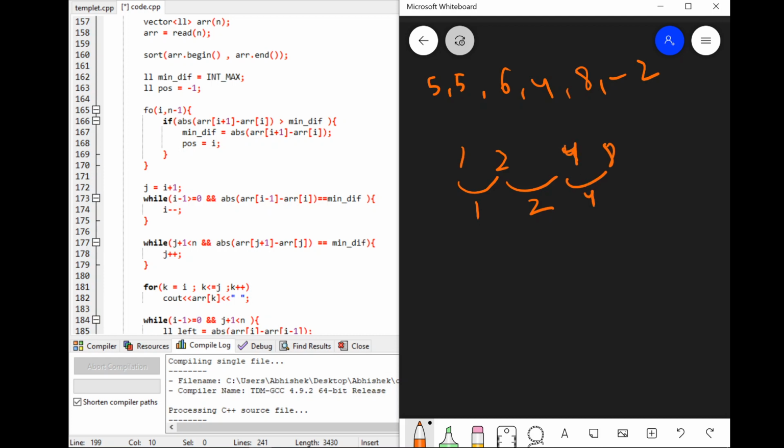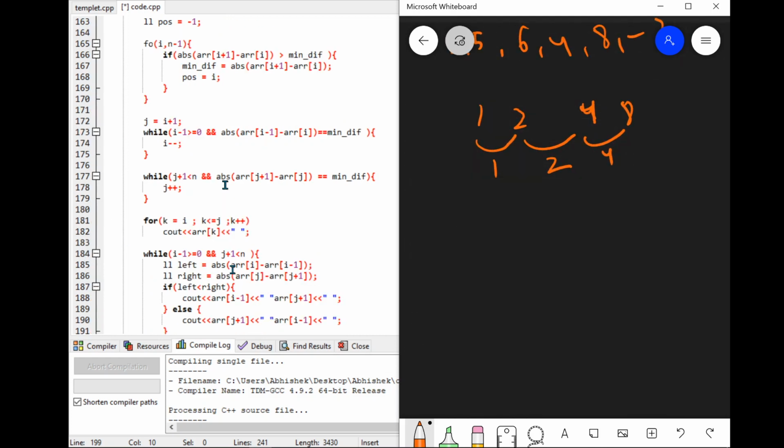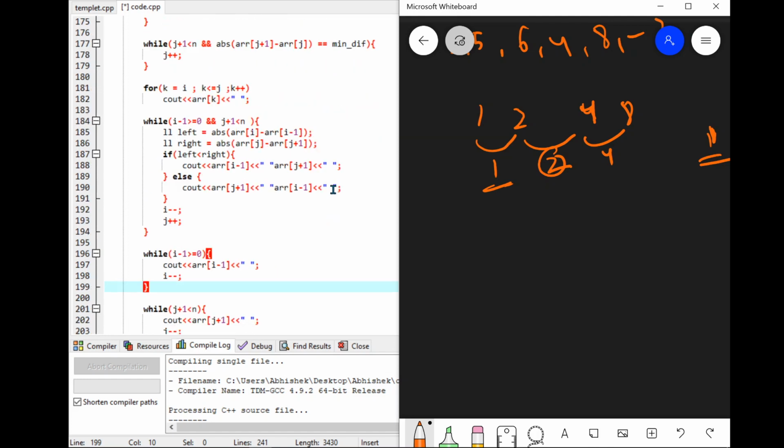So we will be having 1 as the min difference, then we will be growing on both sides. But here it is already less than 0, so we won't go in this loop. For this loop we would go, but this condition would be false because difference is 2, which is not equal to this. Okay, then we would be printing 1 comma 2 as our output.